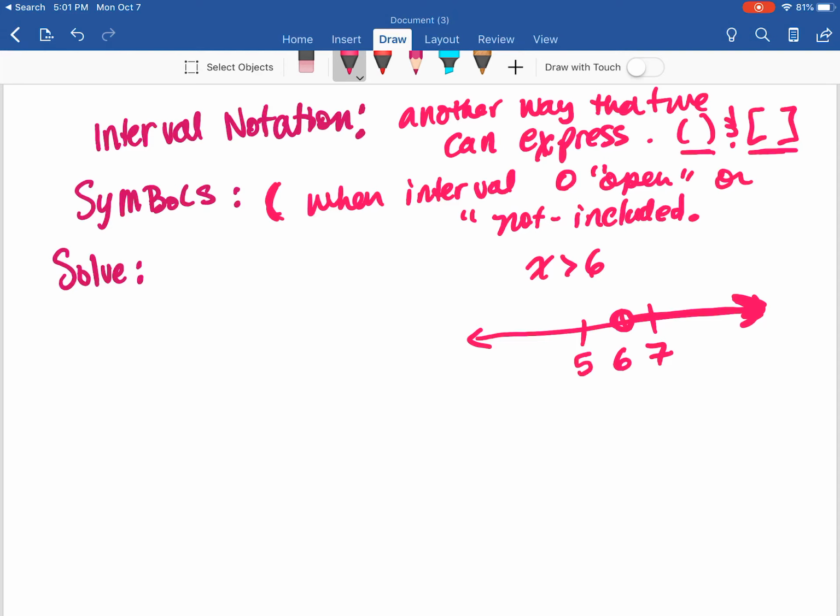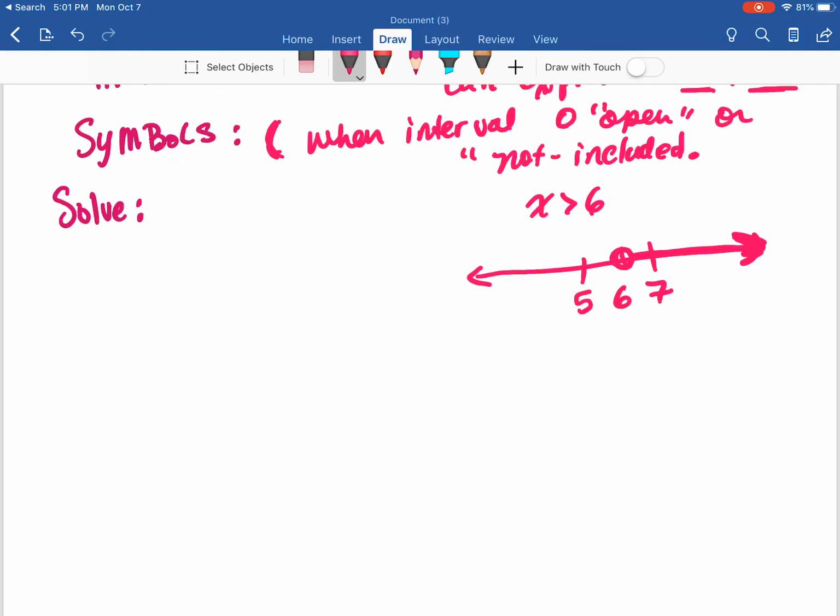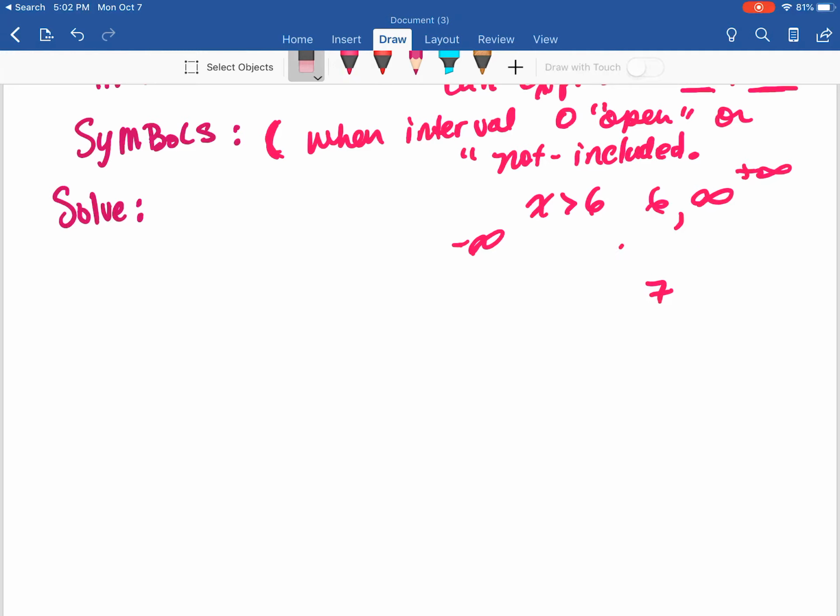In terms of interval notation, x is going to be open, it's parentheses, and then from 6 to positive infinity. In the right direction, this is positive infinity. Over here in the left direction is negative infinity. All right?